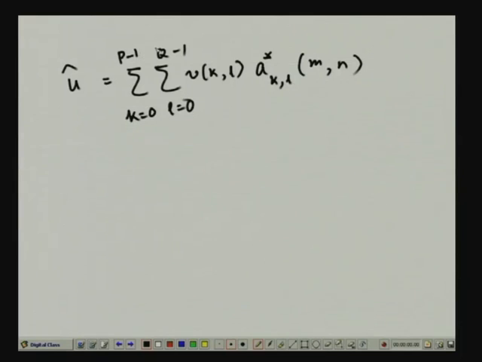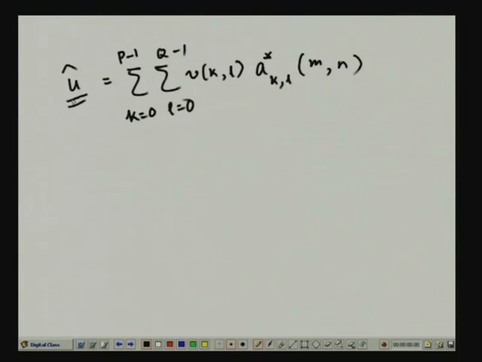So, instead of considering both k and L varying from 0 to n minus 1, I am considering only q coefficients along L and p coefficients along k. So, the number of coefficients that I am considering for inverse transformation is p into q instead of n square. Using this p into q number of coefficients, I get the reconstructed image u hat.